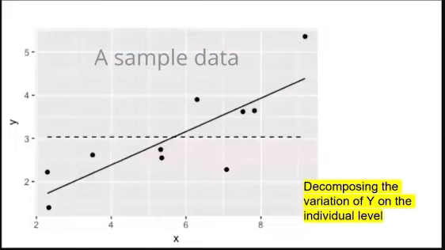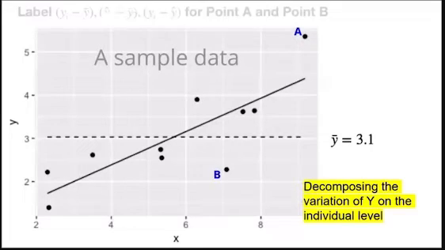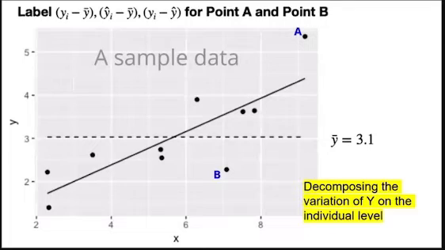Graphically speaking, we are decomposing the variation of y on the individual level, on the individual data point. If I have a data set where the center, the mean of y, is 3.1, I'm going to use some arrows now. This is the center and this is the fitted.